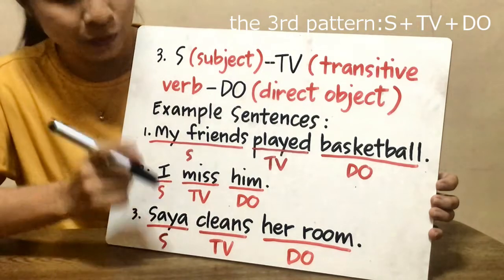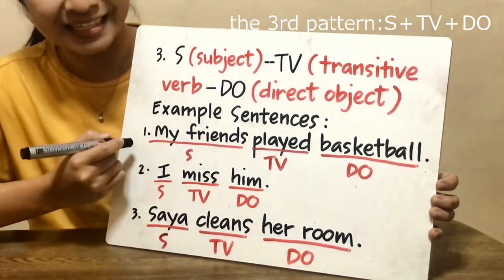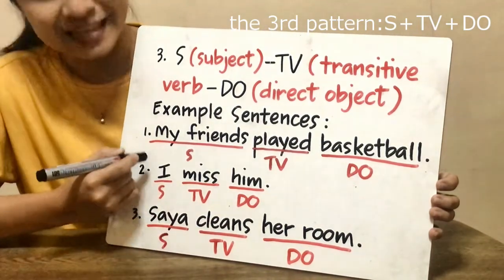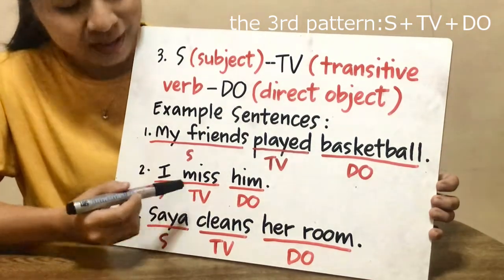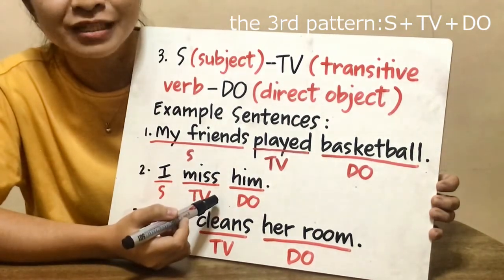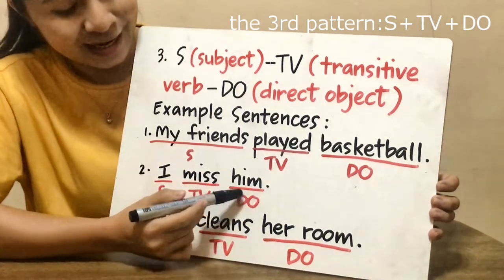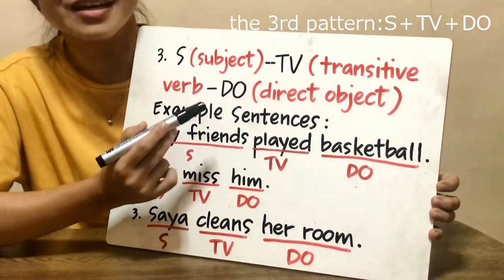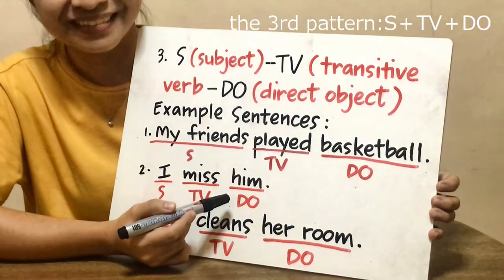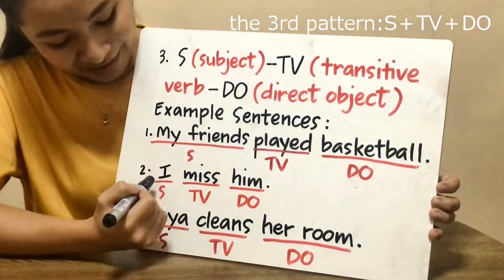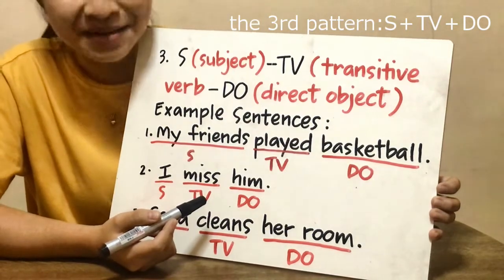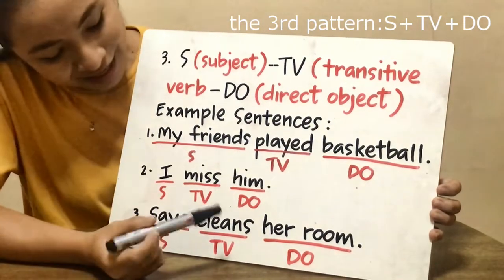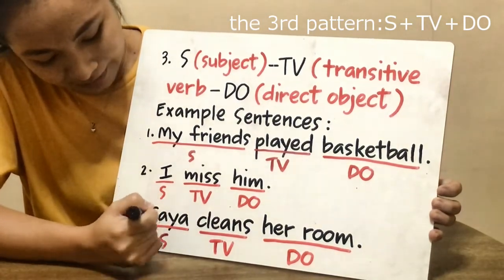So we use what in the first sentence. Let's try the second one. It's like this. I miss who? So the answer is him. So that's your direct object. Okay, again, let's try that. I miss who? Him. Good.